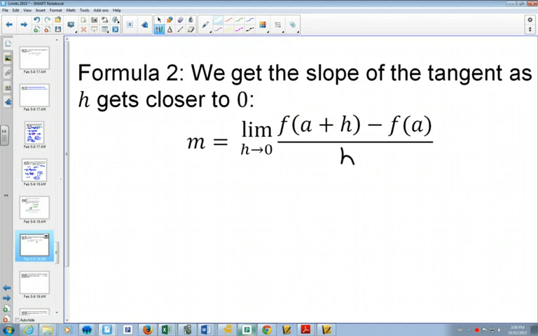And of course, we have a problem again, because if you plug in 0 for h, you're dividing by 0. So we're going to have the same kind of mathematics that we need to do. And of the two formulas, this one tends to be used more.